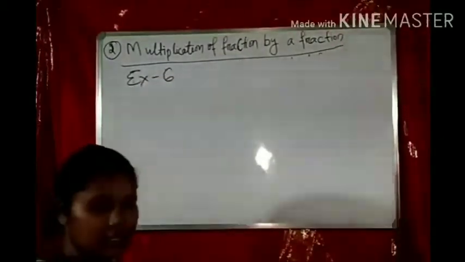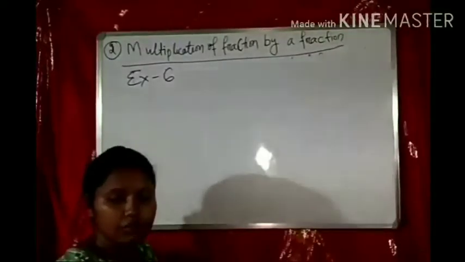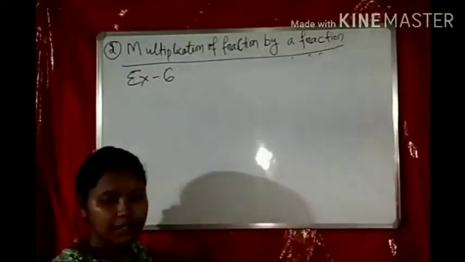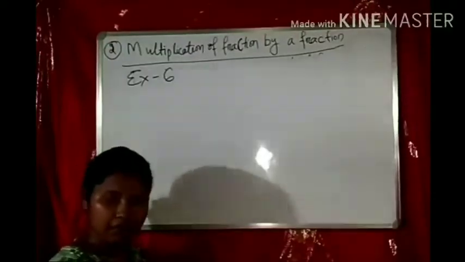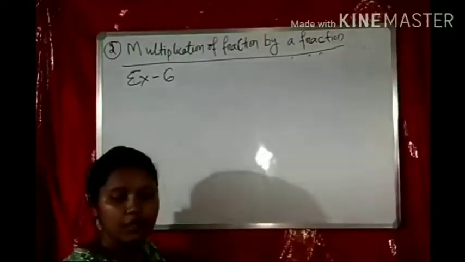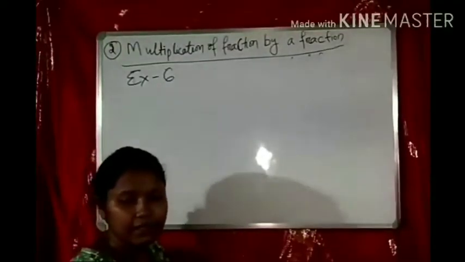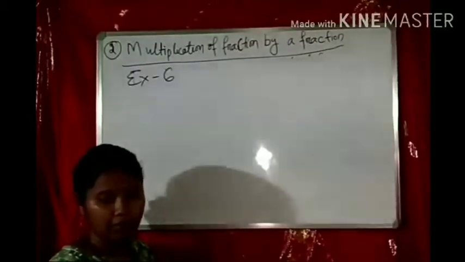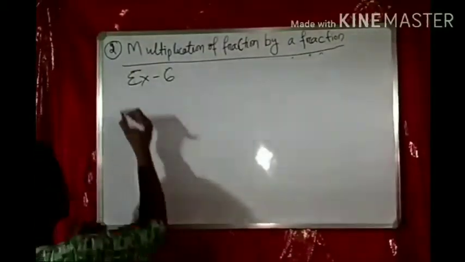So I will mention example number 6. So in example 6, what is given? Sushant reads 1 by 3 part of a book in 1 hour. How much part of the book will he read in 2.5 hours? So let's write the answer.